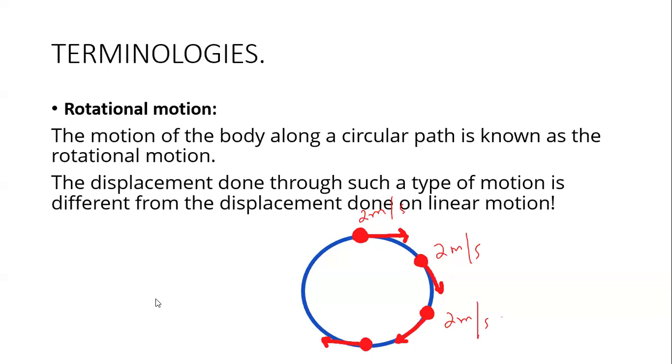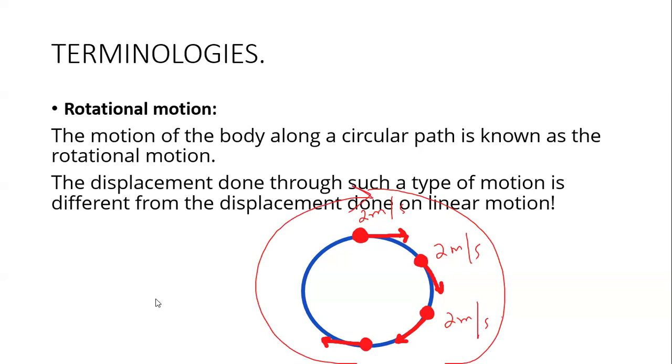In a linear motion, if the object is traveling in one direction only, displacement cannot be zero, right? If an object is traveling in one straight line, displacement cannot be zero. But in a circular motion, displacement can be zero when the object completes one cycle.